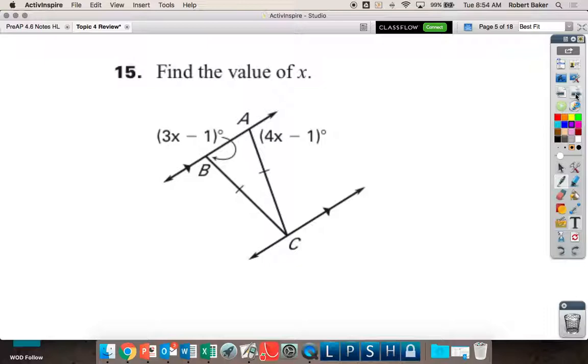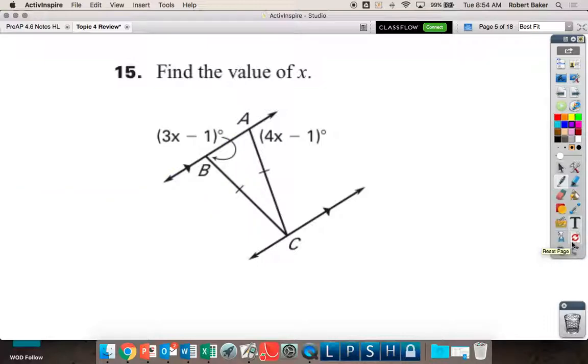I would probably do this first: that this 3x plus 1 angle and something add up to 180. So that would look like 3x minus 1 and something add up to 180. I don't know if that's going to work or not. Oh, never mind.